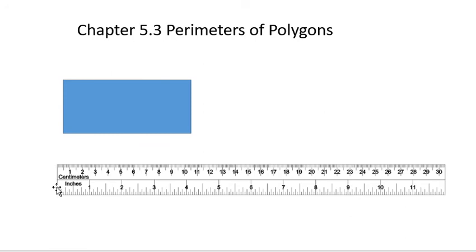There's actually an invisible 0 right at the very start of the ruler. It's just not labeled because they're using the natural numbers to label it as opposed to the whole numbers. So there is no 0 labeled because it doesn't fit. Half the 0 would be missing. But it is very important to know that the 0 is there.